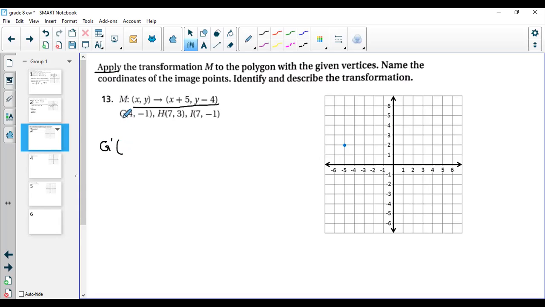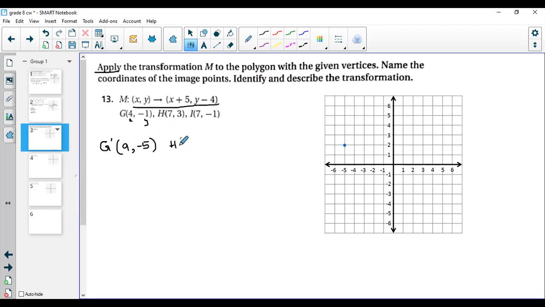G of the pre-image was 4, minus 1, which means this is x and this is y. So x plus 5, which means 4 plus 5 is 9. And y was minus 1, minus 1 minus 4 gives you minus 5. So the new coordinate for G is 9, minus 5.